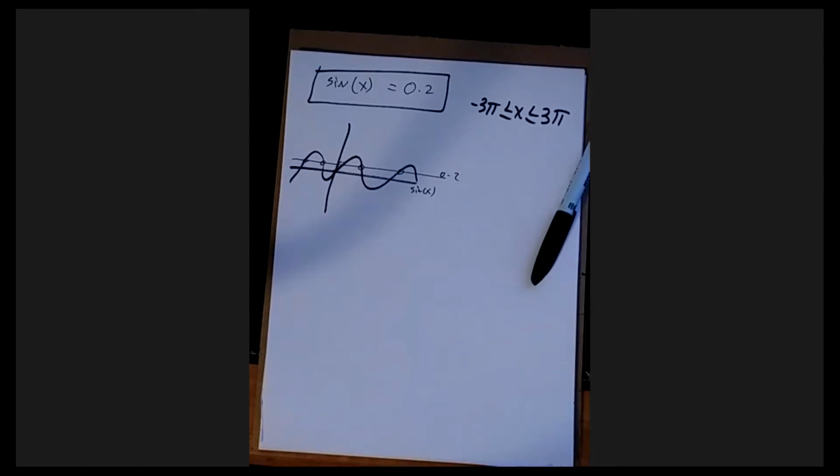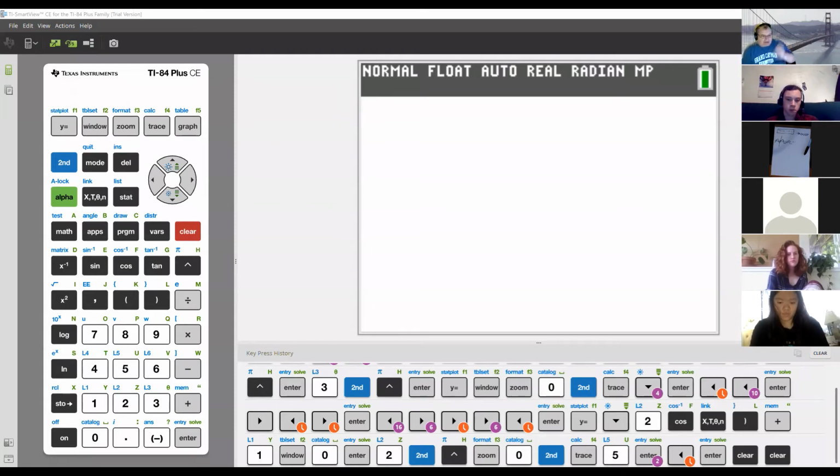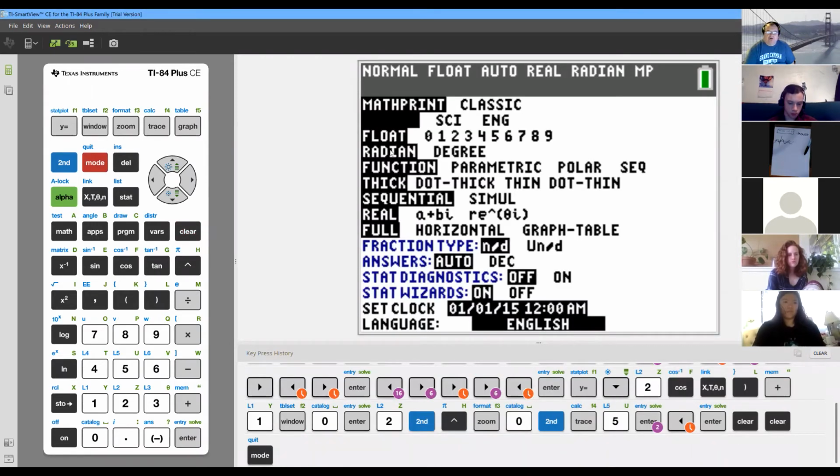So what I'm going to do is I'm going to get the calculator to do that same question. So it's basically let the calculator do all the hard work. First thing you do is you make sure that you are in radians, because that's what this question was.